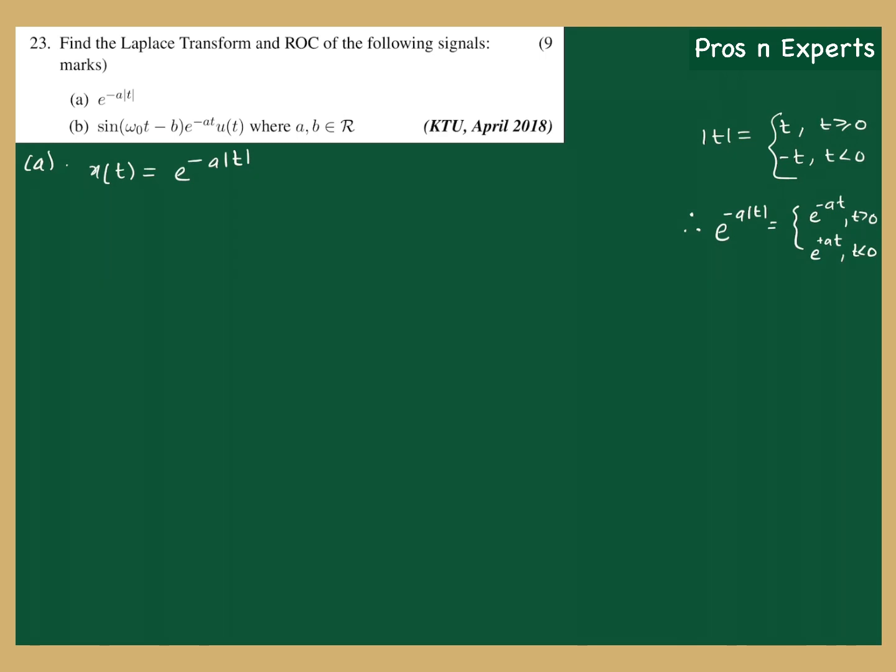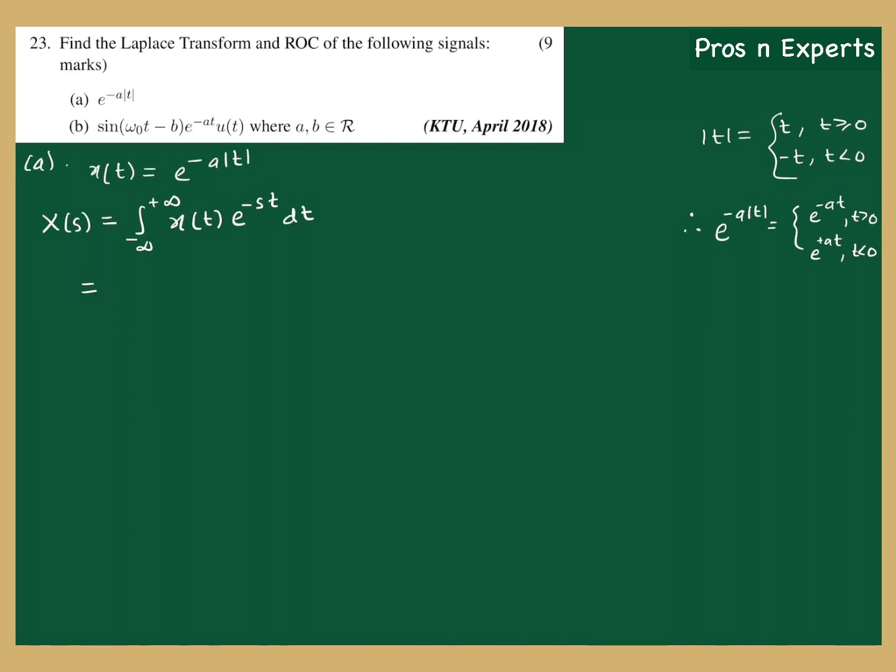Now we will start from scratch. The definition of Laplace transformation is x of s is equal to the integral from minus infinity to plus infinity of the signal into e raised to minus st dt. Okay, so let us apply this integral definition over our signal e raised to minus a mod t.